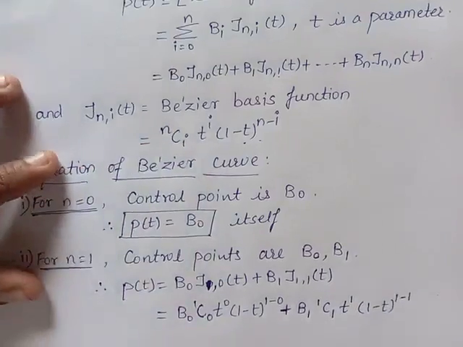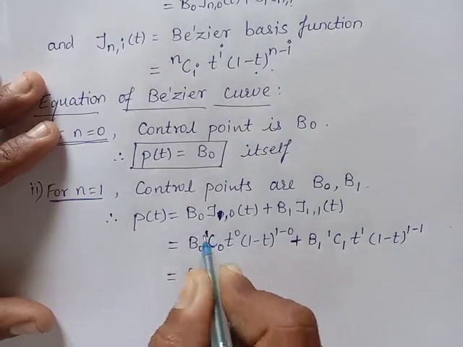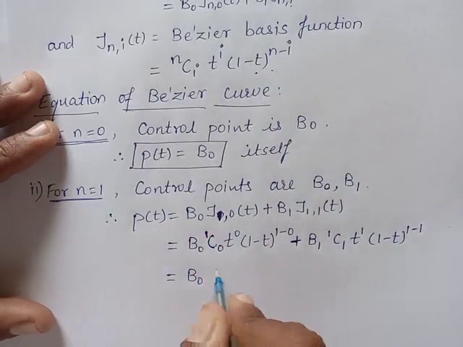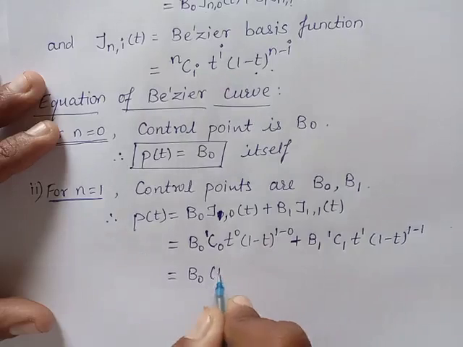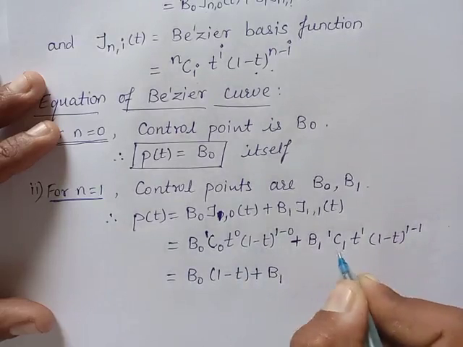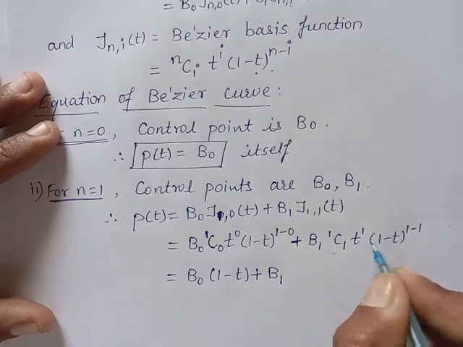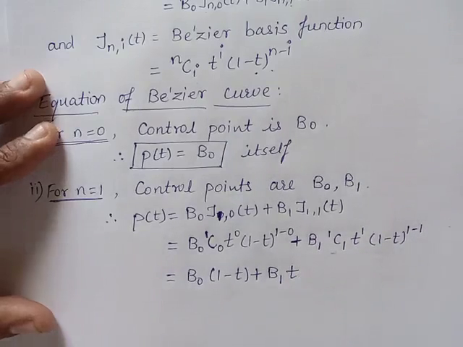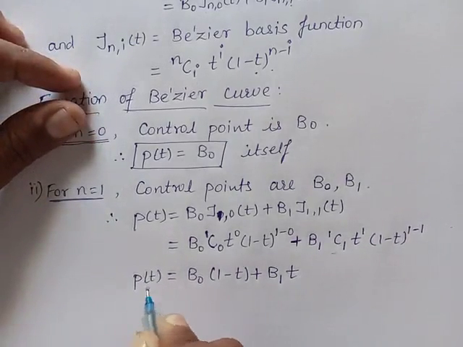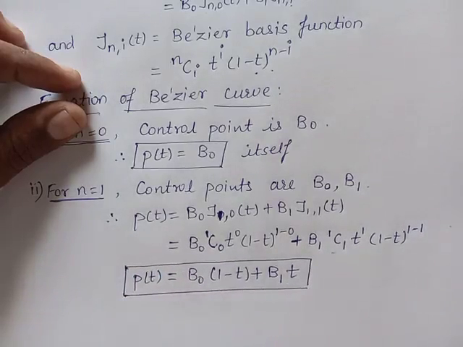So B0, as 1C0 is 1, t raised to 0 is 1, and (1 minus t) raised to 1 minus 0 means 1 minus t, plus B1, this will become 1, this is also raised to 0 so it will be 1, simply the term t will remain, t raised to 1, that is t. This is the equation of Bezier curve for n equal to 1.